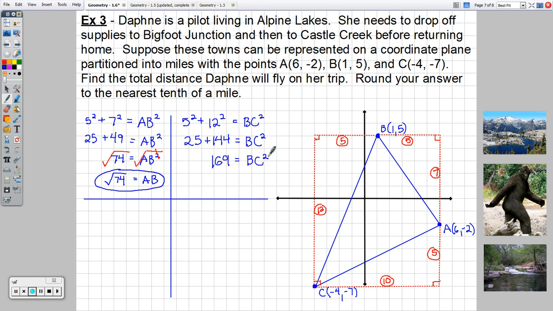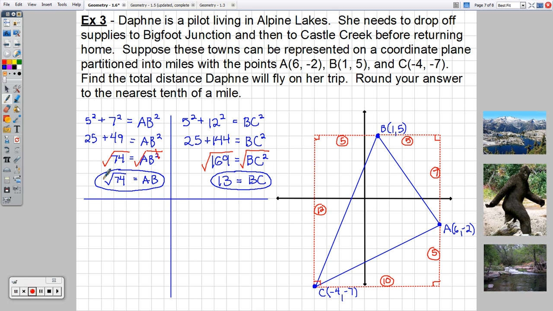And if you take the square root of 169, you actually get a whole number. So this is something we call a Pythagorean triple, when you have 3 integer values, 3 whole number values, for the side lengths of a right triangle. So 13 is BC. So square root of 74, and then 13 miles going this way.